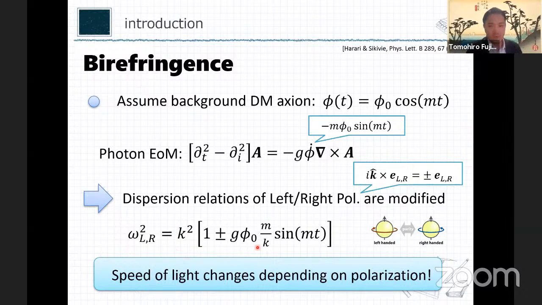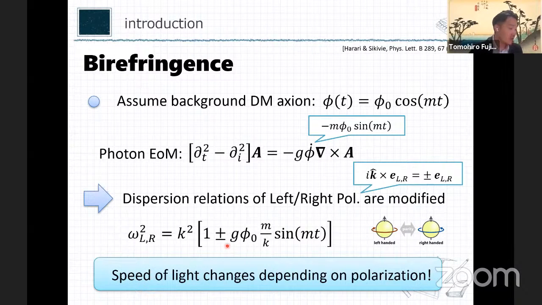But due to the axion-photon coupling, we have a correction term here. You see? So the correction term is proportional to the coupling constant, the oscillating amplitude, and the mass, divided by k, times the oscillating factor of psi, m t. So this equation means the speed of light changes depending on polarization.